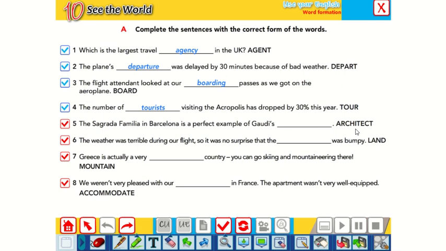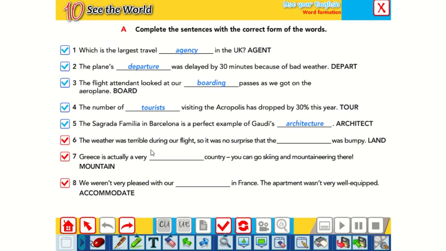It is architecture. So the Sagrada Familia in Barcelona is a perfect example of Gaudi's architecture. Architecture is a noun. Here we have the possessive apostrophe s, which we put between two nouns. Architecture is a noun and Gaudi's is a noun too.